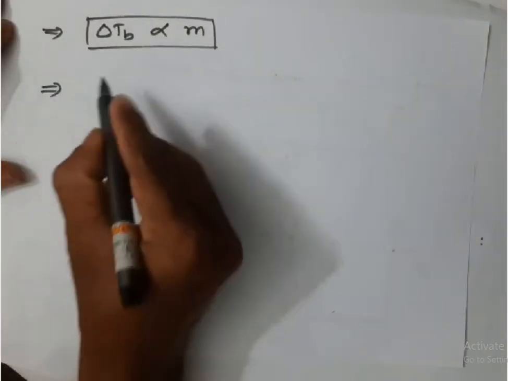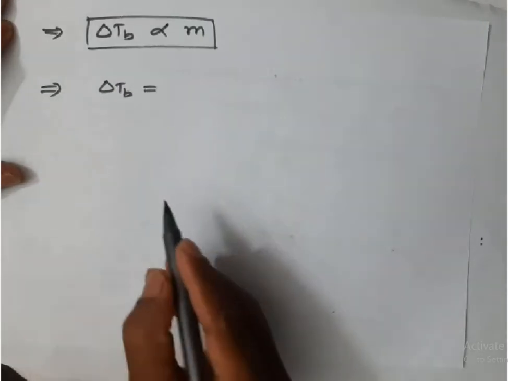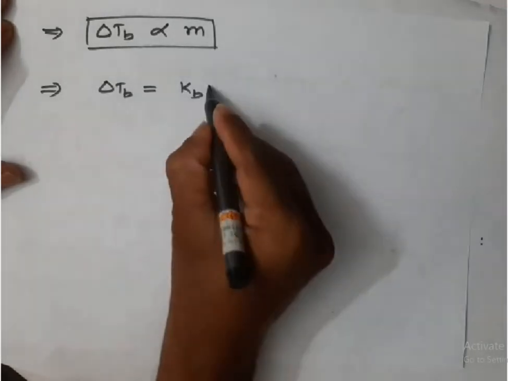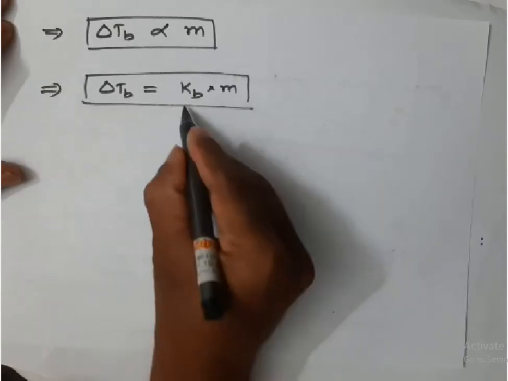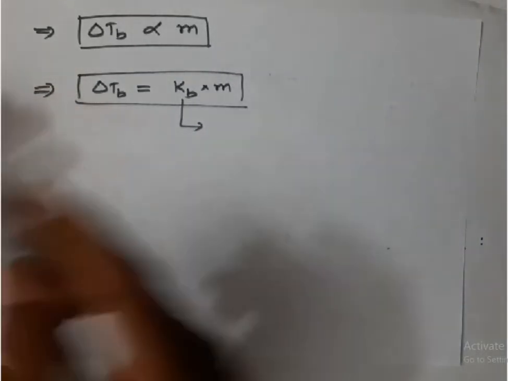Or if I equate this, we should introduce a constant, and that constant is Kb into m. What is this Kb? This Kb is called the Ebullioscopic Constant. Let me write here.